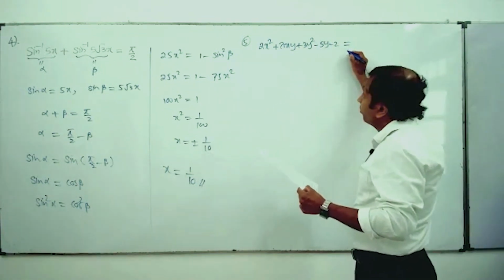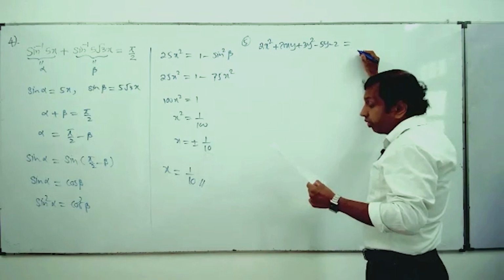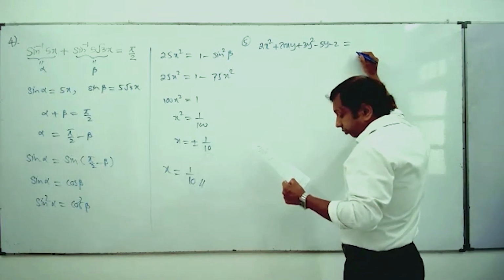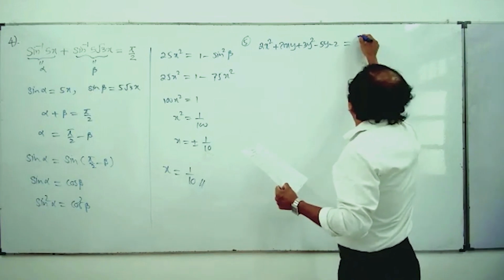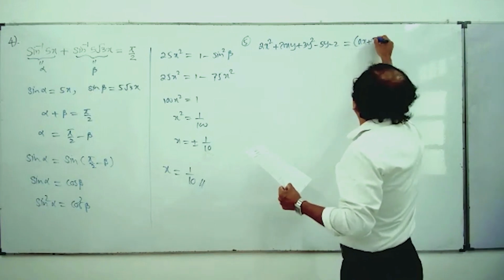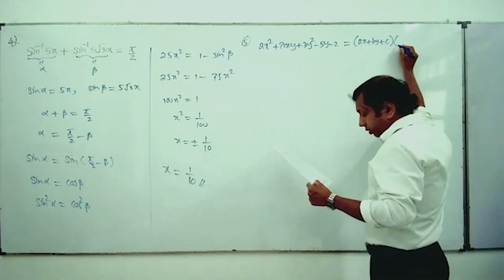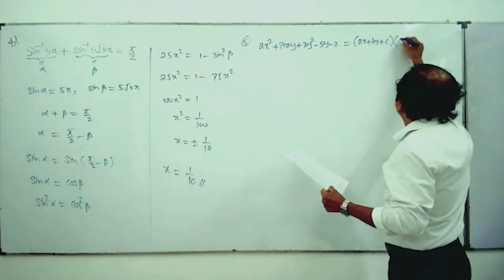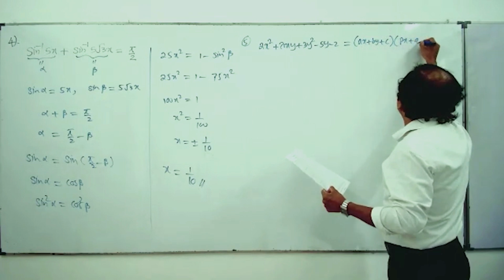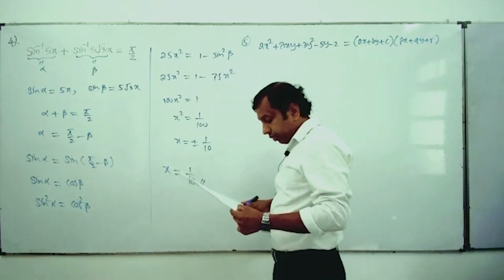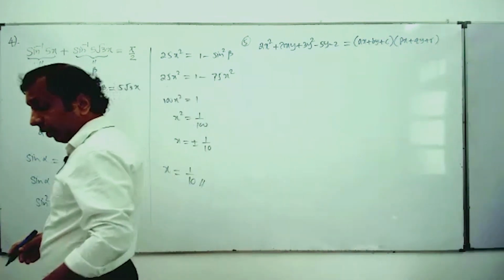It is asking to write it in the form (ax plus by plus c) times (px plus qy plus r). How to find lambda, a, b, c? There are 7 unknowns you have to find.